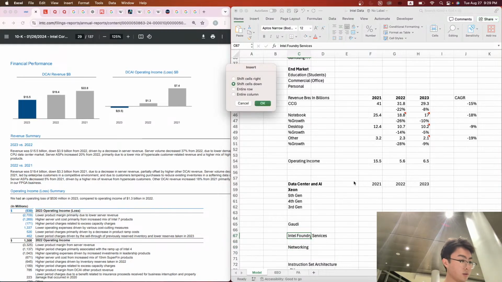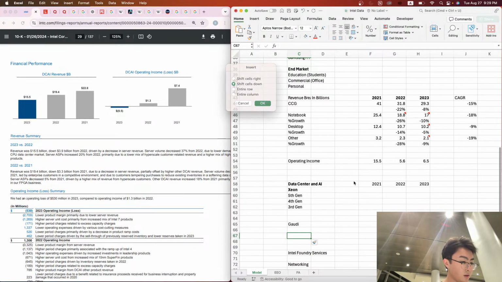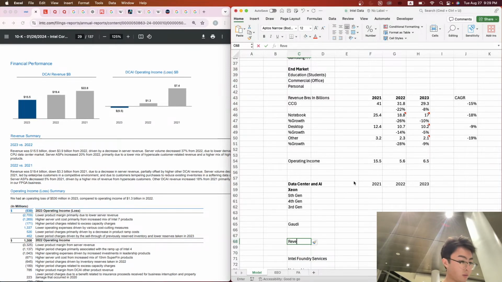Let's do this. Let's add revenue, and let's add that real quick. 22.8, 19.4, 15.5% growth.